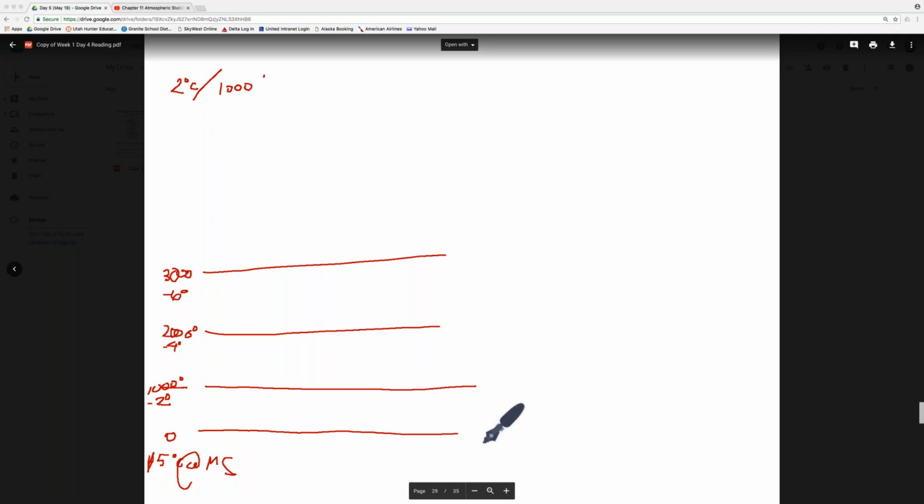But so 15 degrees, if we wanted to know what to expect at 3,000 feet, we'd take 15 degrees and we'd minus the 6 degrees off here. That would give us 9 degrees Celsius. This is our standard temperature at 3,000 feet. 9 degrees Celsius.